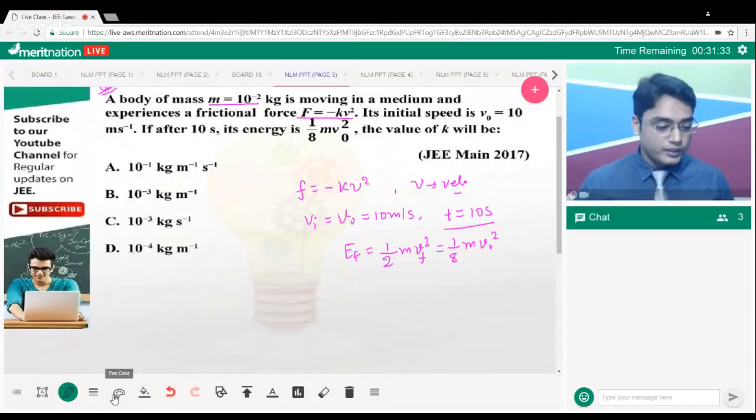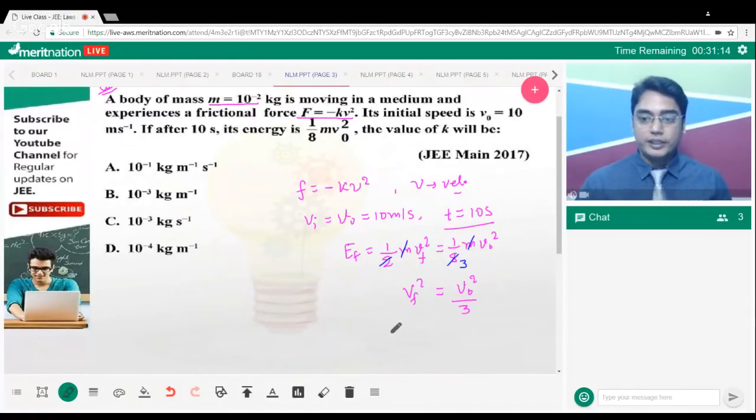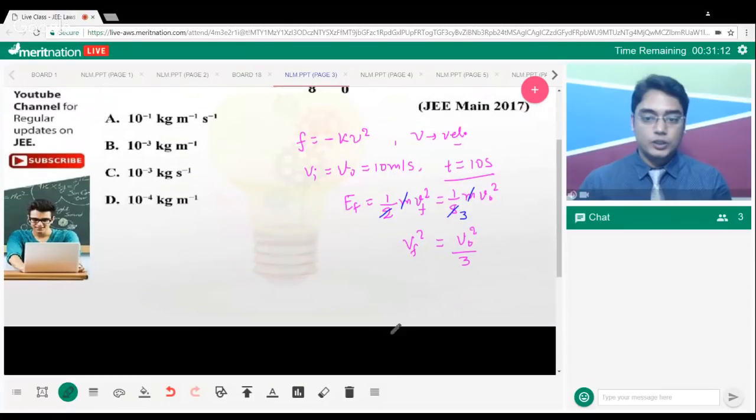So now, see this, we can cancel out this m. So we are getting Vf square is equal to V naught square by 3.